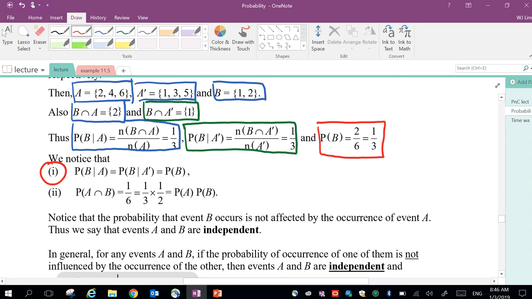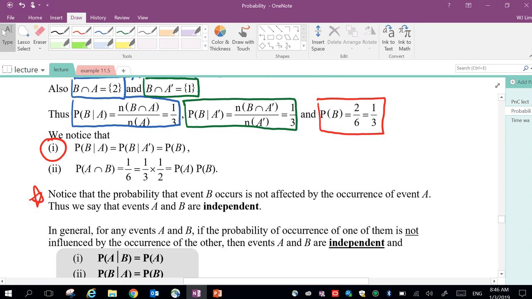This means that no matter whether A happens or not, it doesn't affect event B. The probability of B happening, given A or given A prime, is not affected by the event A itself. This is what it means by independent. This is an important concept. You will always have these independent events.